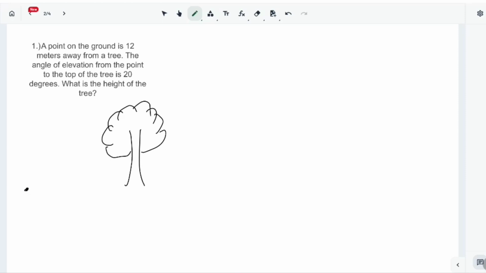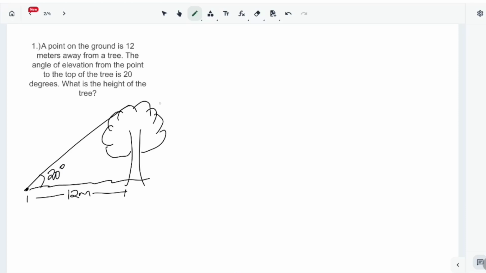From that point on the ground, it is 12 meters away from the tree. So we can say that this one is the 12 meters. Okay, the angle of elevation from the point to the top of the tree is 20 degrees.